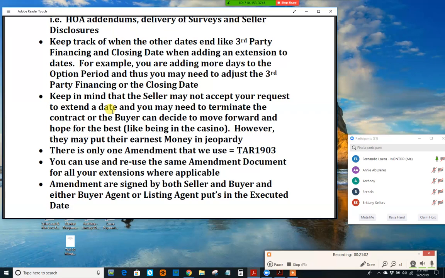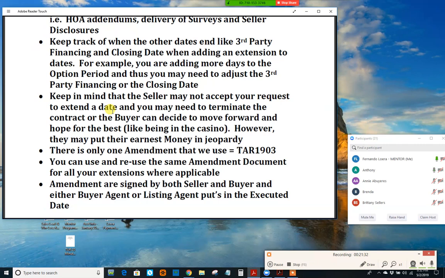And your buyer has a very conscious decision. They either have to terminate or move forward, like being in a casino, wondering if they're going to be approved. But this may jeopardize their earnest money. And it's up to them, not you.